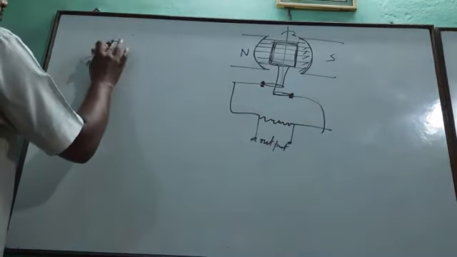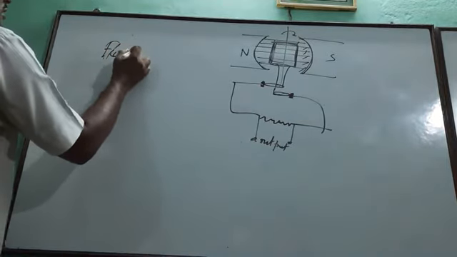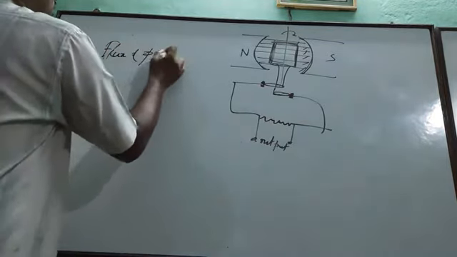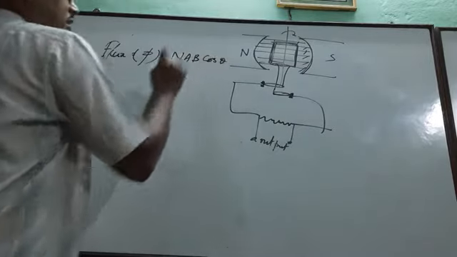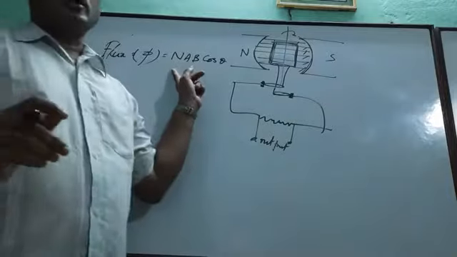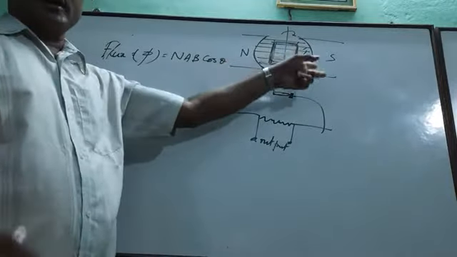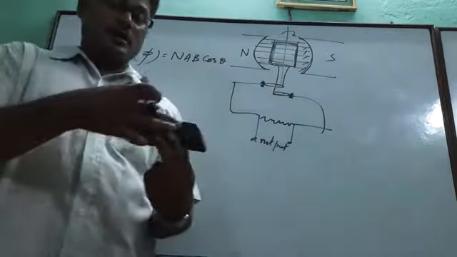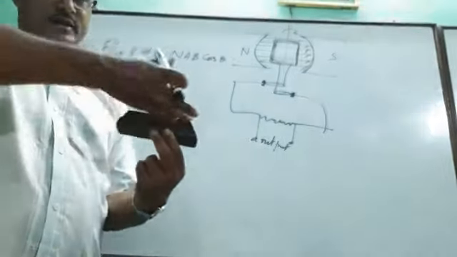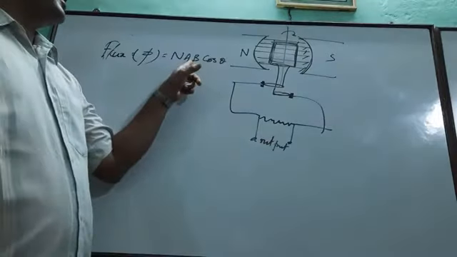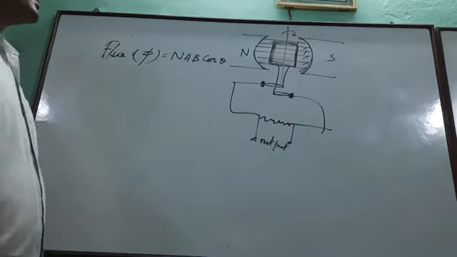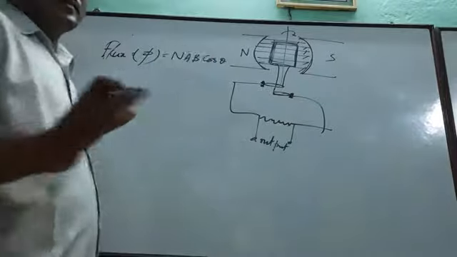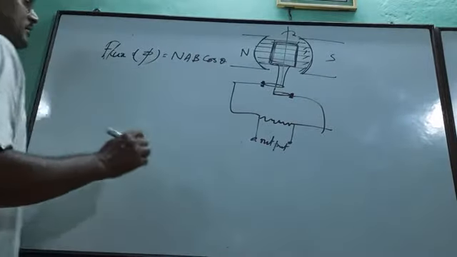The flux phi equals N A B cos theta. What is the meaning of N? It is the number of turns made here. A is the area of the plane where the turns are made, B is the magnetic intensity, and theta is the angle made by the plane at any instant.